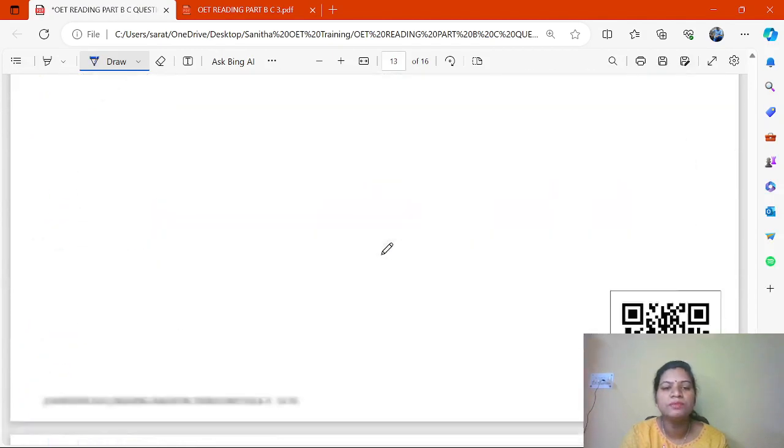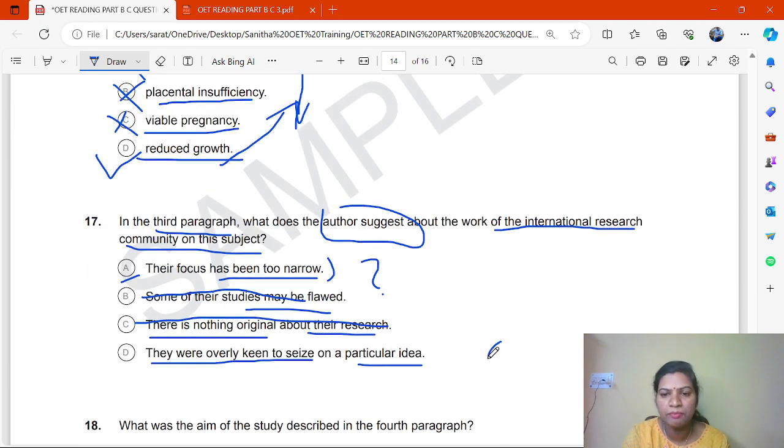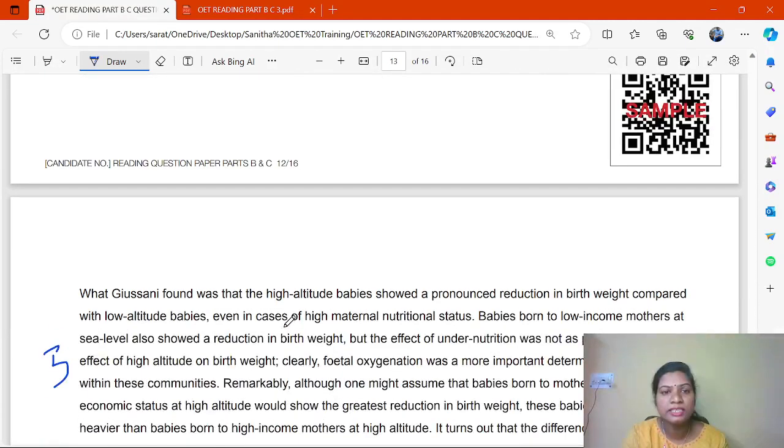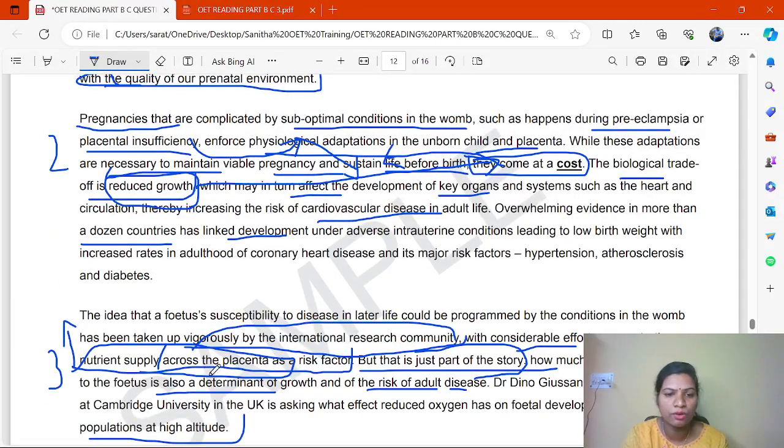Then come to the fourth option. They were overly keen to seize on a particular area. Maybe 90% it is matching, because they concentrated their studies on one particular area, nutrient supply across the placenta.